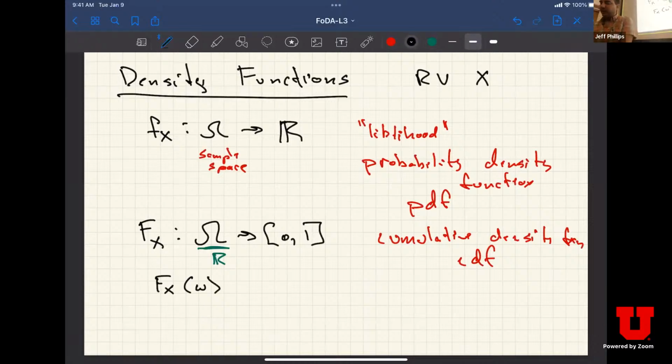It doesn't need to be the real numbers, but I'm thinking about an outcome of the sample space. And this is defined as the integral from negative infinity up to, let me write w down here.